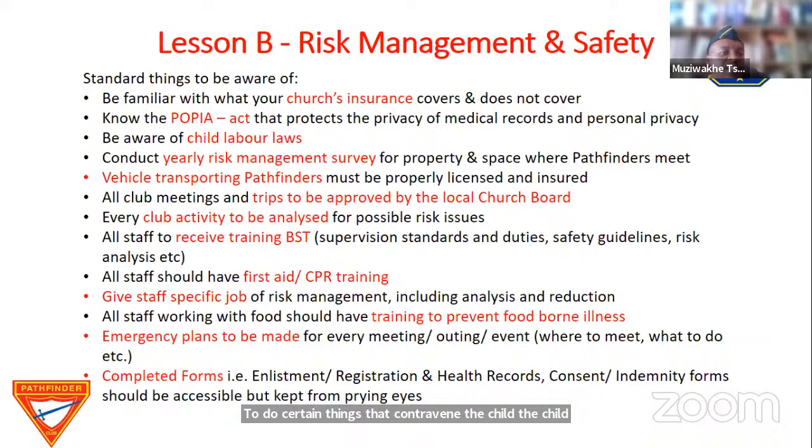And then the other one that's very important, for property and space where Pathfinders meet. For example, if you have been using a certain open space for drill and march or Pathfinder and Adventurer activities, and we know it has been raining, there's some grass that grows in that area, leaders, you need to mark the area where there's a bit of a bush as a risk. It's important that you note such places and do something about that.